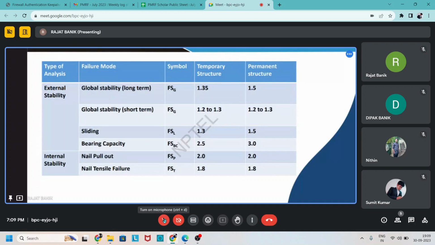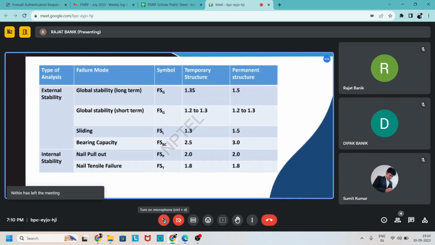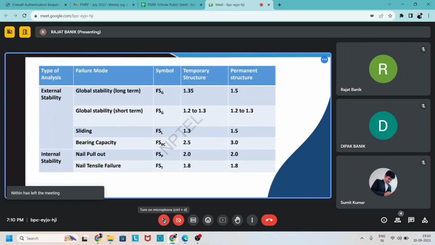And for short term, this factor of safety is between 1.2 to 1.3, and for permanent structure it is 1.5 to 1.6. For sliding, for temporary it is 1.3, and for permanent it is 1.5. For bearing capacity, for temporary it is 1.3.